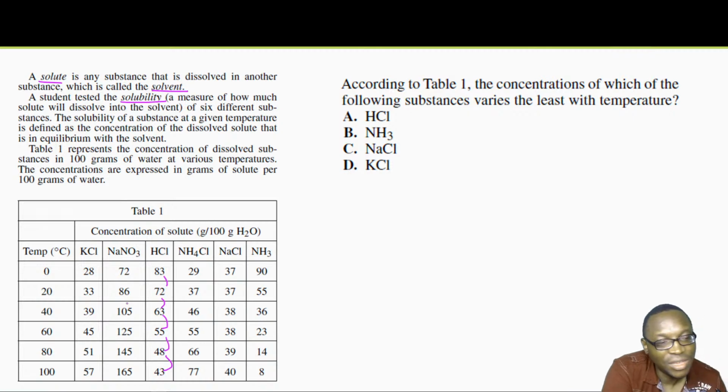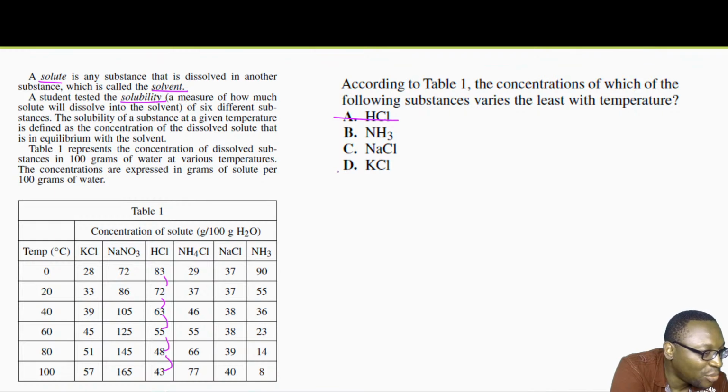And the important thing for you to remember is that in the science section, you don't need a calculator. So if you're having to calculate, you're doing too much. You can just look at it and see that there's a difference in the concentration of the solute as the temperature increases. So that rules this out.